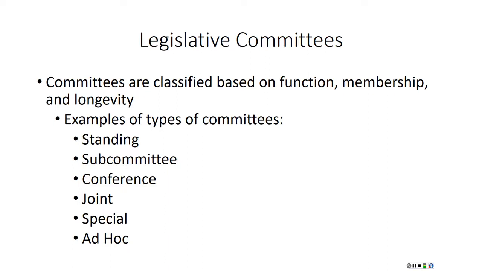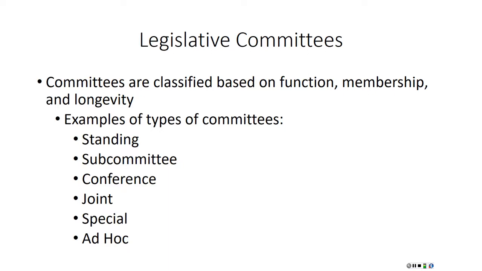Their membership is either going to be a standing committee in the House or a standing committee in the Senate. Longevity, permanent. They are going to exist every legislative session. They never go away.